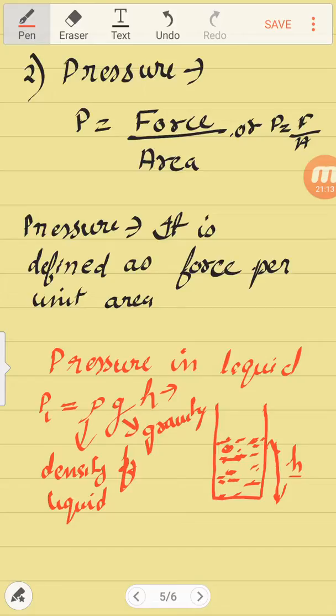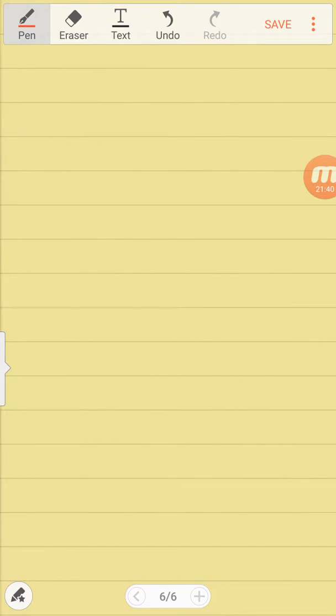For example, if the height is 4 centimeter and the water density is given as some number, you apply this number here, gravity 9.8, then multiply by 4 centimeter, like this.